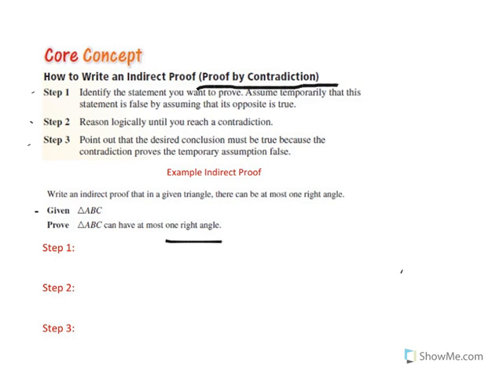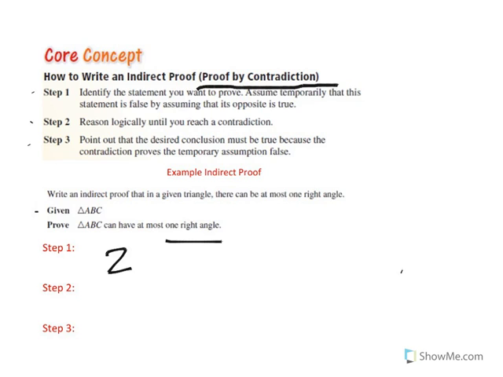If we're going to prove this by saying this statement is false, we're going to assume that the opposite is true. What we're basically saying is that instead of at most one right angle, triangle ABC can have 2 right angles.